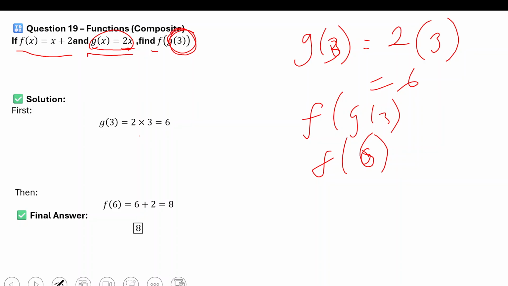When you put it in this expression, x plus 2, where you see x, you put 6 plus 2, which equals 8.